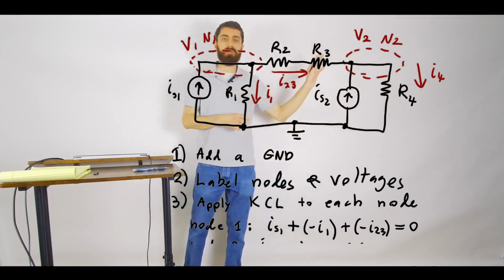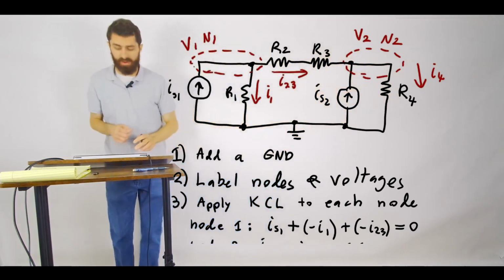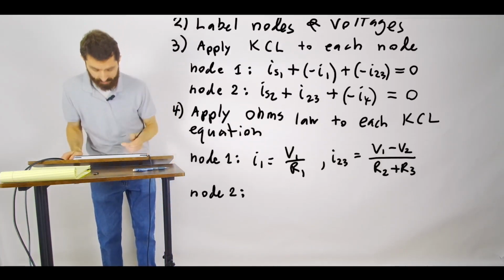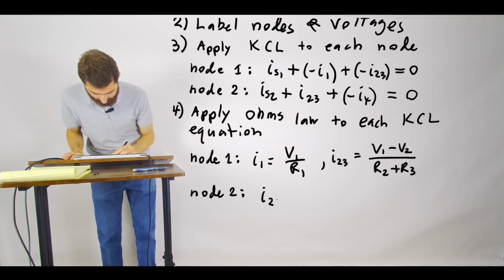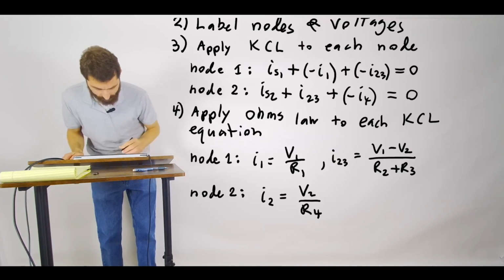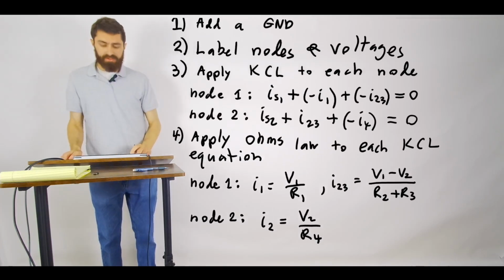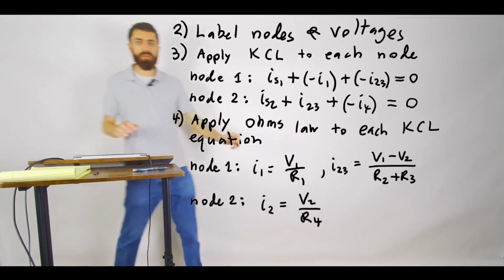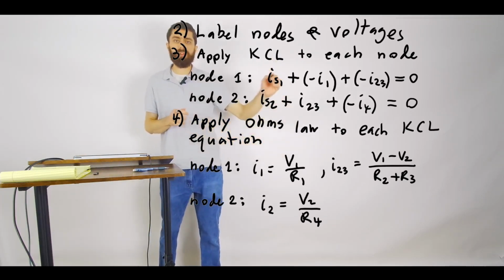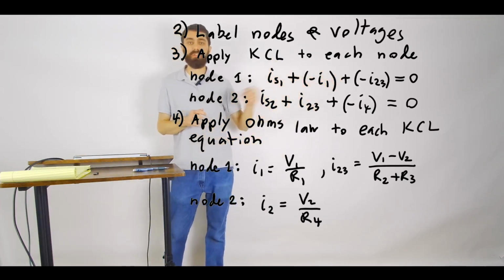So I4 is going to be V2 divided by R4. So then what you can do is you can take these values and plug them into these equations.